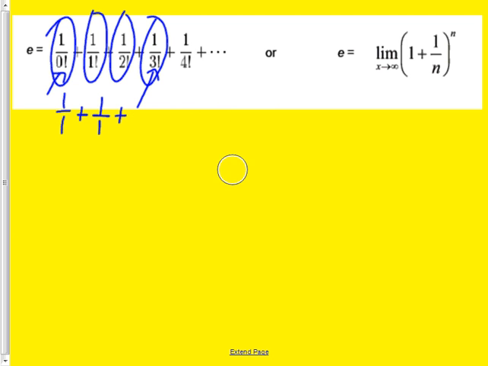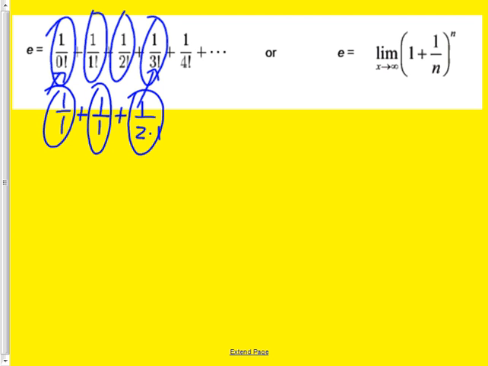The first two just equal 1s in different ways. And then the next one's 1 over 2 times 1, which is really 1/2. So 1 plus 1 is 2, plus a half, 2.5. But now I got a little bit more. That plus 1 over 3 times 2, which is 1/6, plus 1 over 4 times 3 times 2.